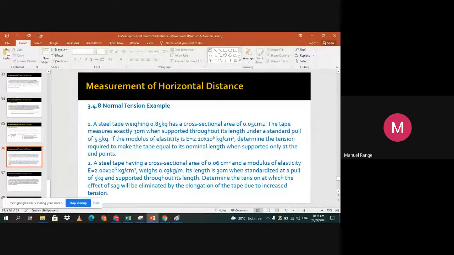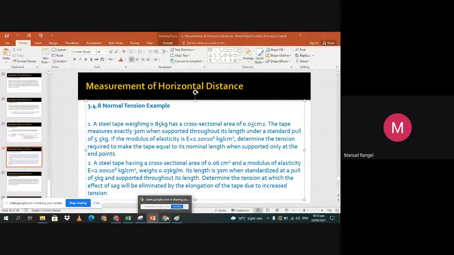So the tape measures exactly 30 meters when supported throughout its length under a standard pull of 5.5 kilogram. So if the modulus of elasticity is equal to 2.1 times 10 raised to 6, determine the tension required to make the tape equal to its nominal length when supported only at the end points.